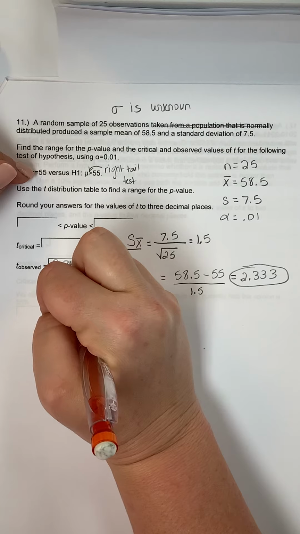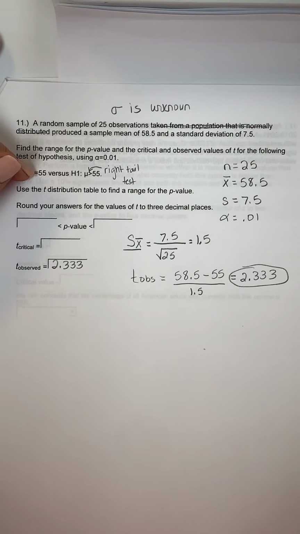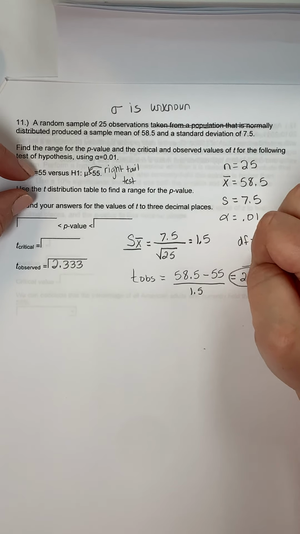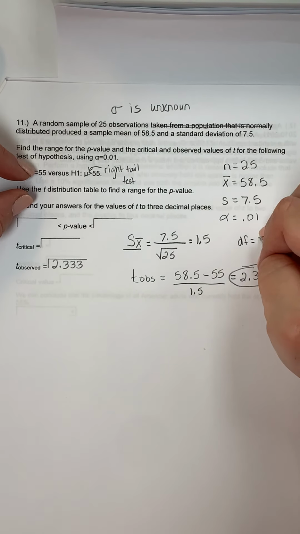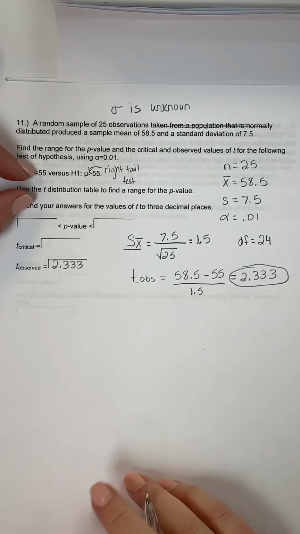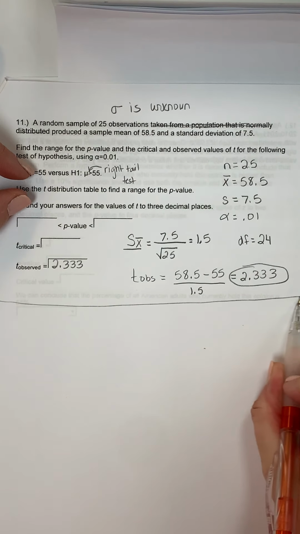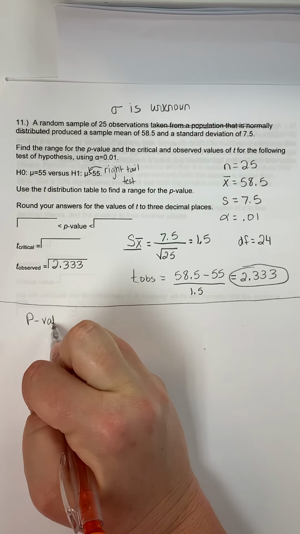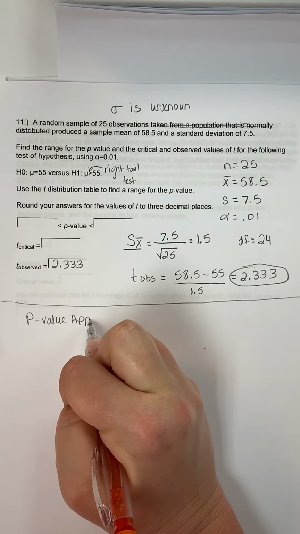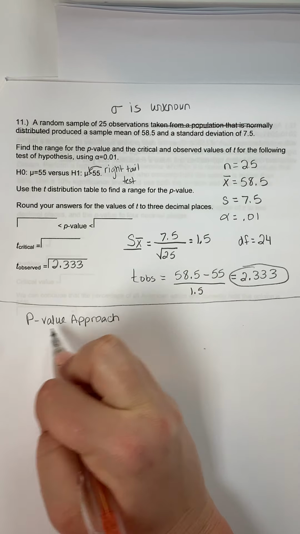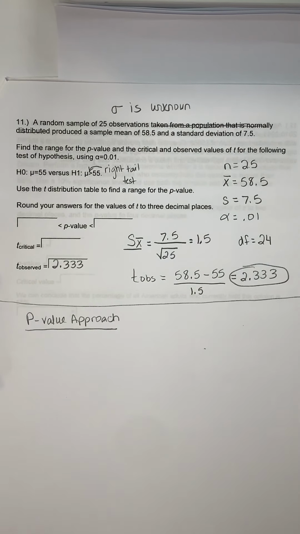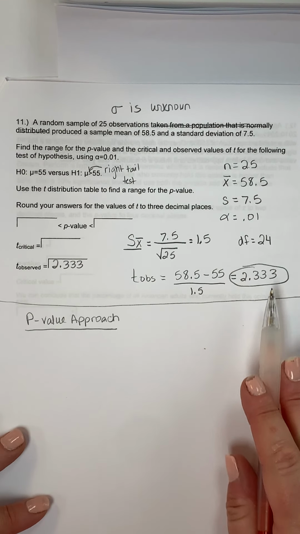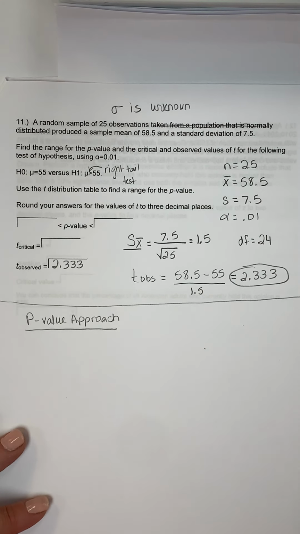Put that right into the t observed area. While I'm at it, let's find degrees of freedom. It's going to be 25 minus 1, 24. That's just general information that every approach needs. Now let's look at the p-value approach. We will have a range, so we are going to use degrees of freedom and t observed. Here we go.